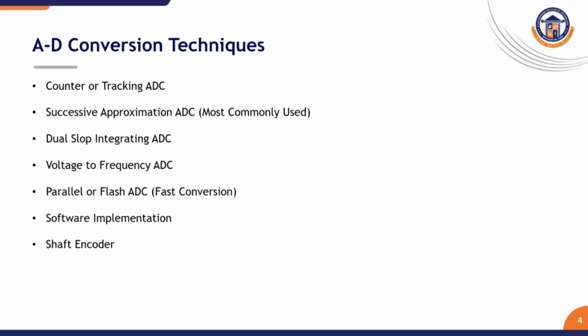The next ones are voltage to frequency ADC, and parallel or flash ADC, which is a very fast one that we are going to discuss in the future slides. Then software based ADCs and shaft encoder ADCs. Among all these, flash ADC stands out because it is extremely high speed, and that's why we are focusing on the flash type ADC today.